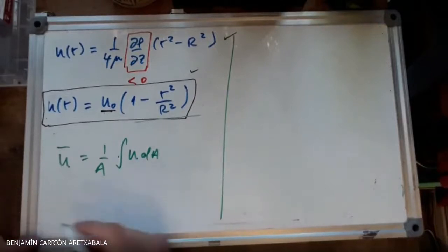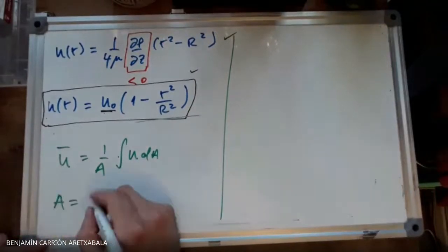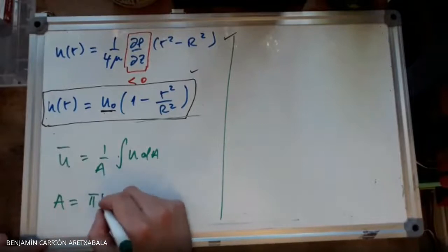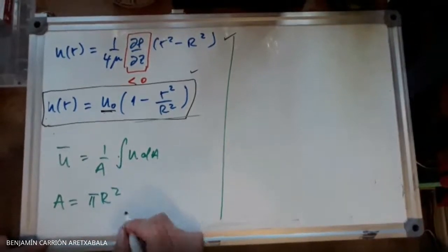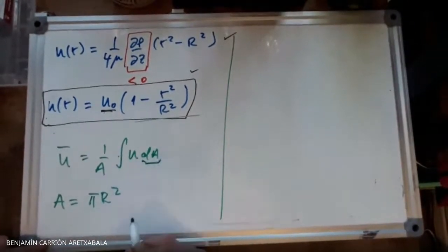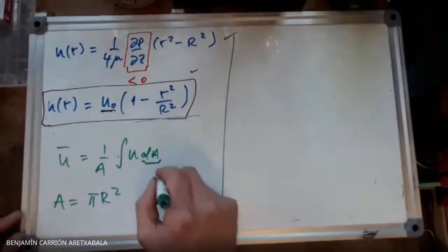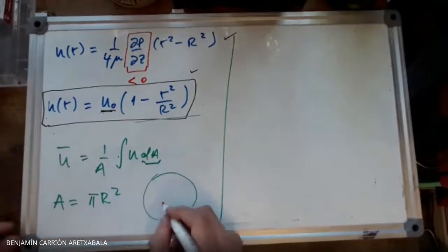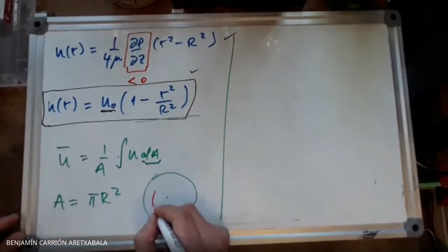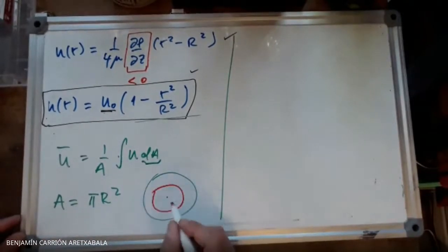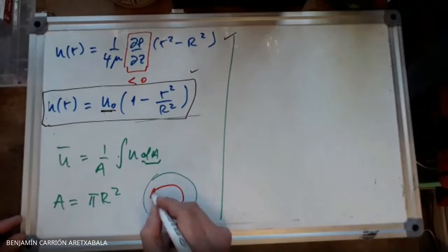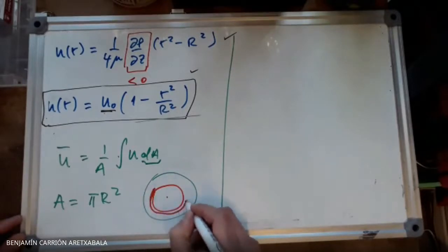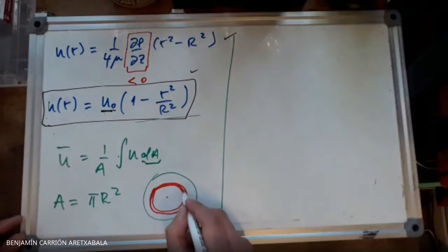Okay, so what is the area? It's just pi r squared, right? And what's the delta area? That's a bit tricky, but not super tricky. Let's again look at this pipe, and let's assume we know that the velocity only changes with radius. So let's say we take a radius.